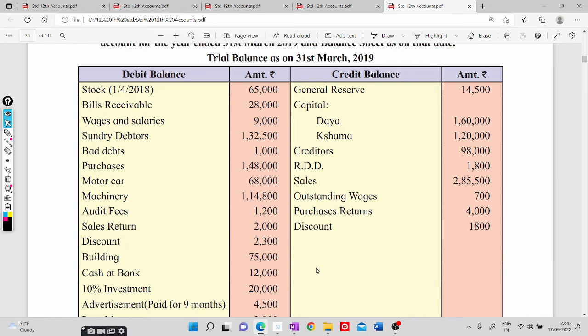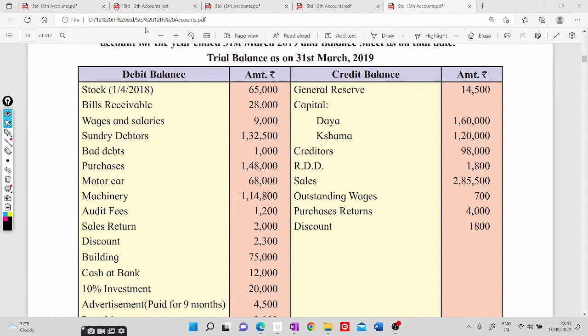The important thing is that you have to identify whether a particular account is an asset or a liability or an expense or an income. And further, by identifying a particular account as an expense, you further have to identify whether it is a direct expense or an indirect expense, direct income or indirect income.